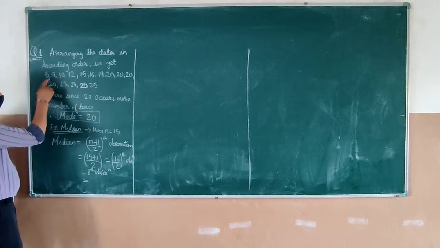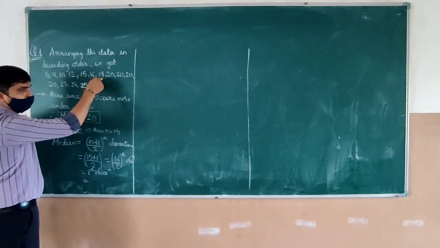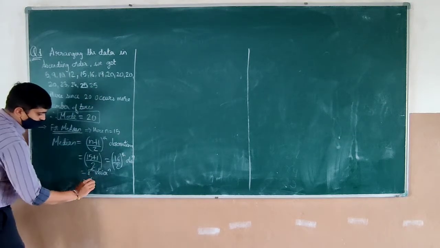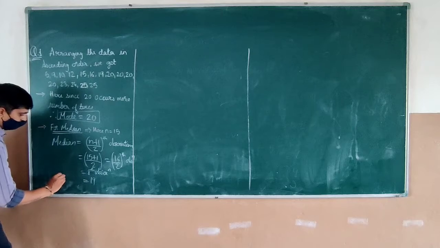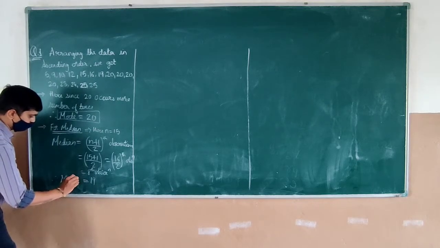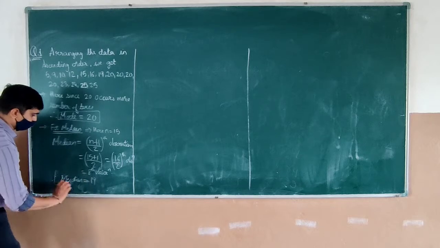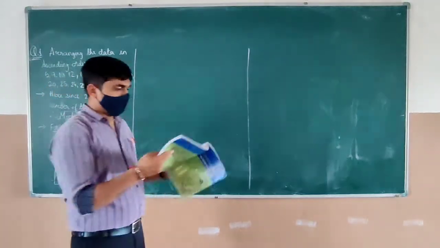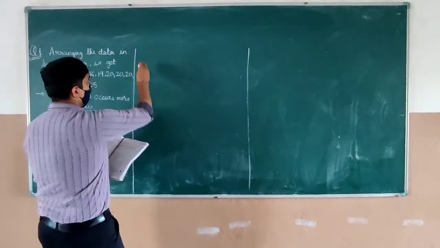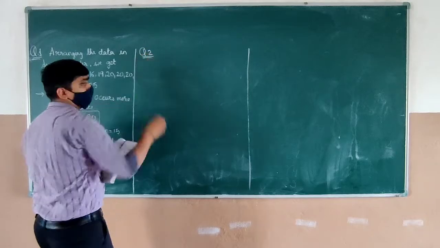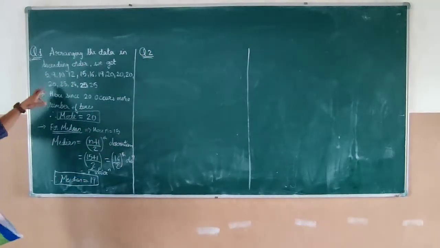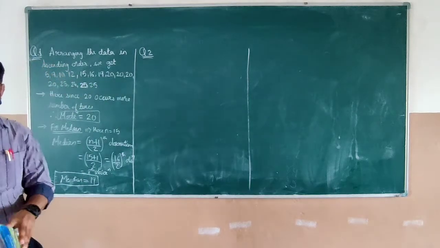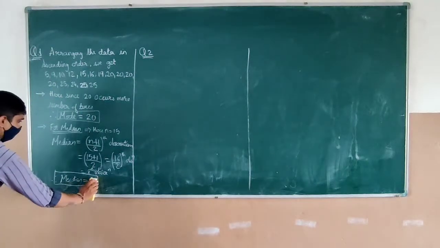And what is the 8th observation? 1, 2, 3, 4, 5, 6, 7, 8. Sorry, the 8th observation is 20 again. So the median is 20.